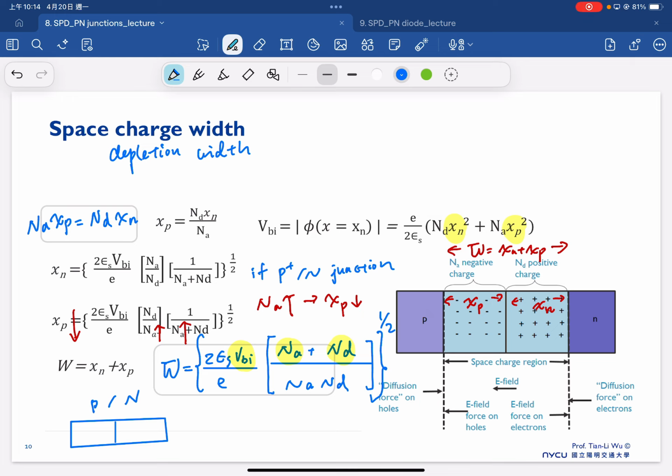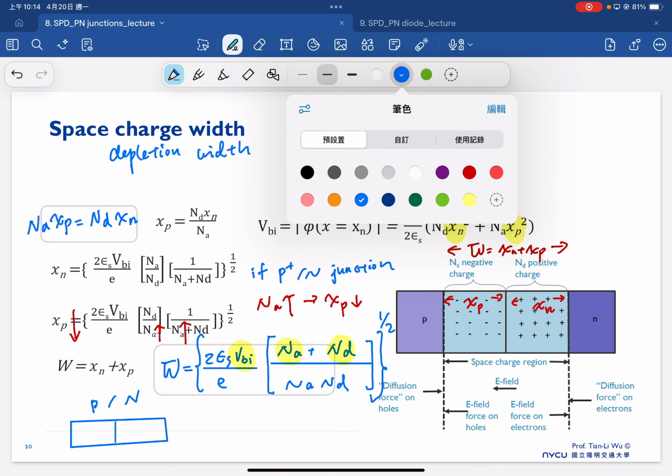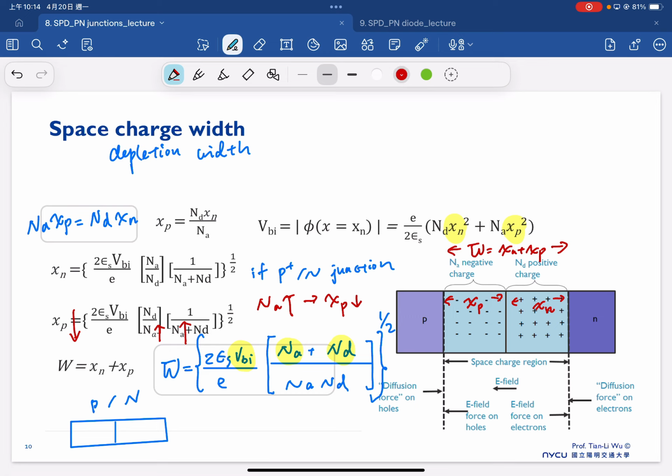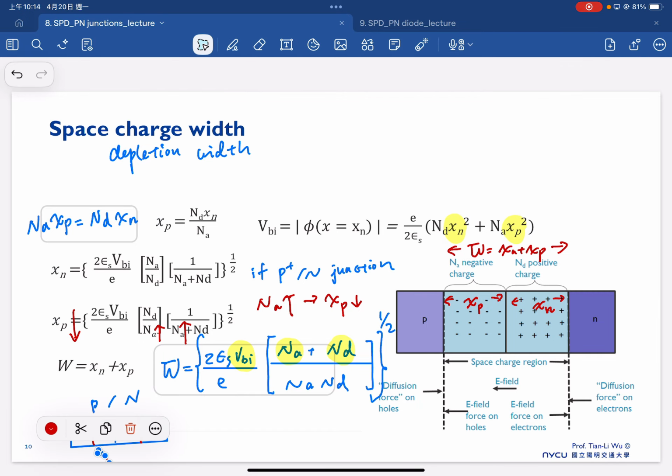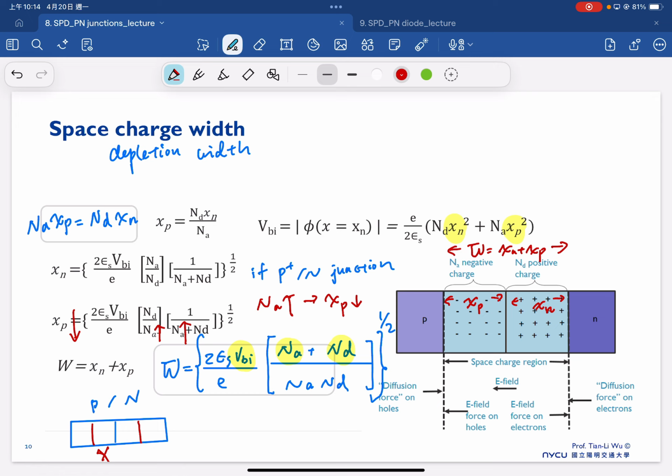But this is not going to happen in reality. If you look at the depletion width here, we basically have Xp equal to Xn. But this is not going to happen.